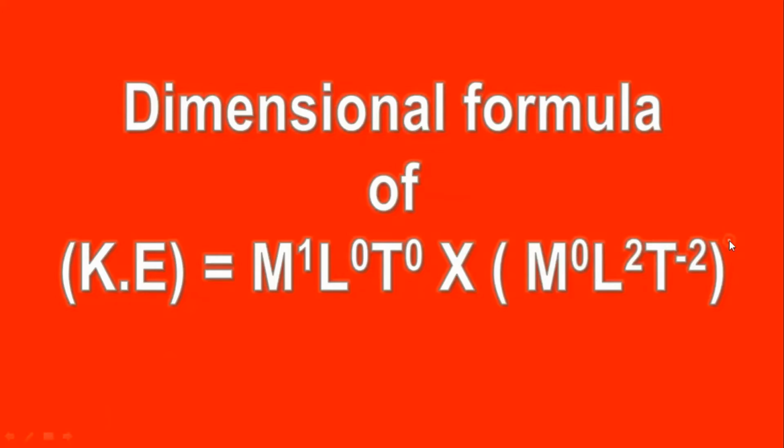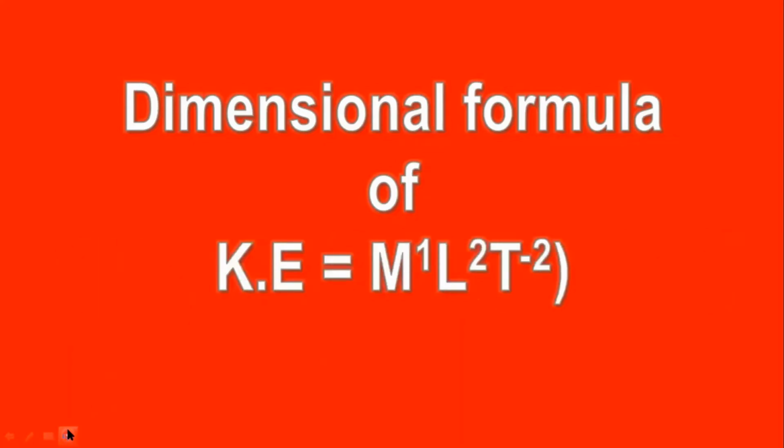We are giving the power square to each and every dimension of our formula. So the dimension of v square is L2 T minus 2. I am sure that you are with me. Is there any confusion? You can ask. Okay, anyhow, we go to the next step.